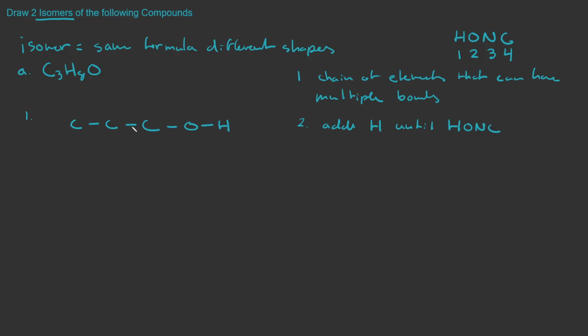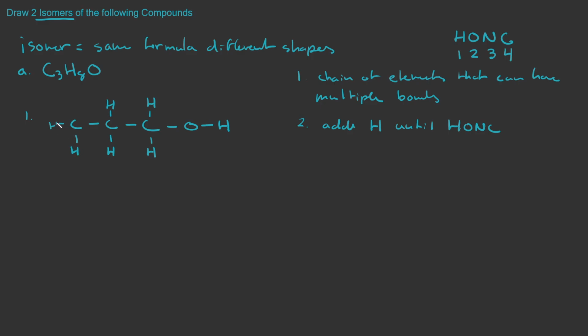This carbon right here has 2 bonds attached to it, and so it needs 2 more bonds, so we attach 2 more hydrogens. Then we look at the next carbon over, and we see that it has 2 bonds, so it needs 2 more hydrogens. And then lastly, we look at the last carbon all the way to the left, and it has 1 bond, and so it needs 3 more.